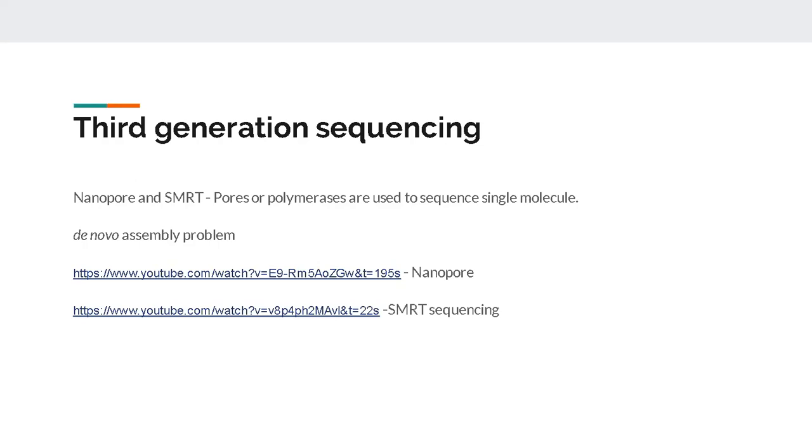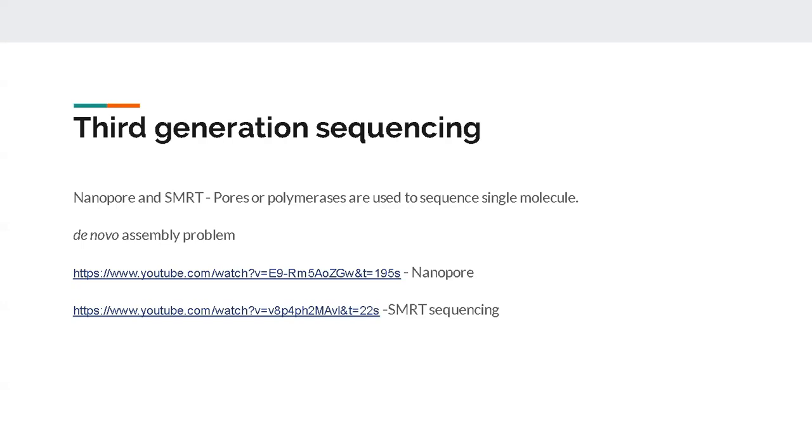Then we have third generation sequencing, which is nanopore and SMRT, single molecule real-time sequencing, where you don't need to amplify at all. You are using things like pores and polymerases to take the complete DNA at a stretch and keep noting down what the nucleotides in that particular molecule are, without even amplification or fragmentation.